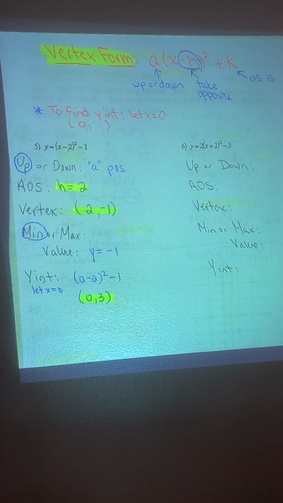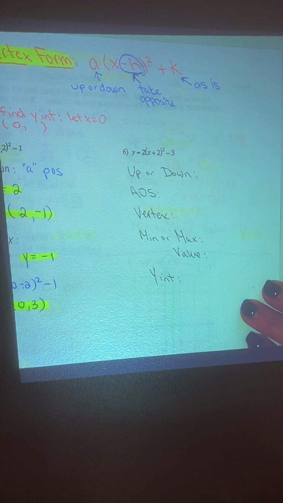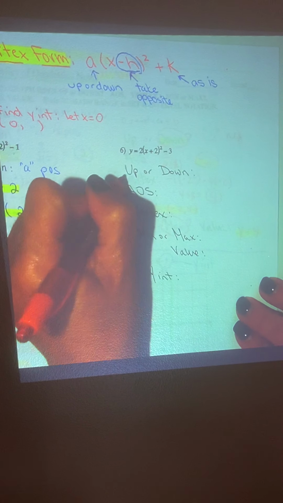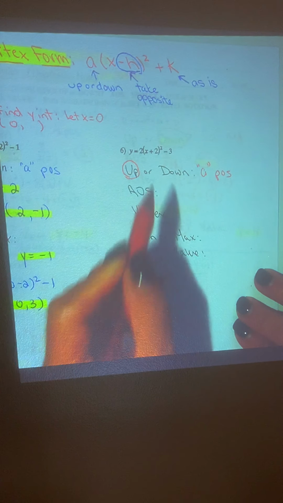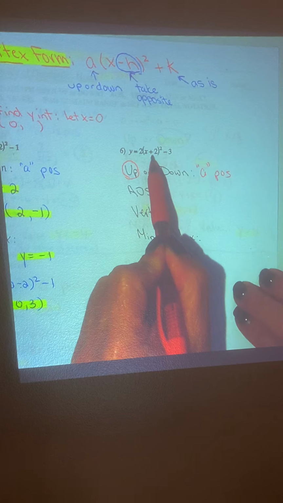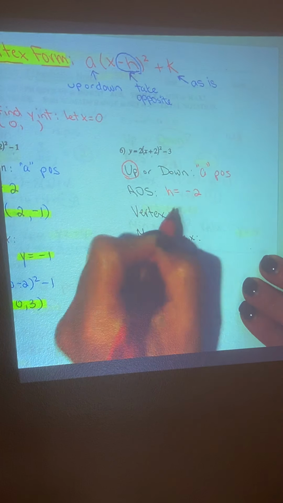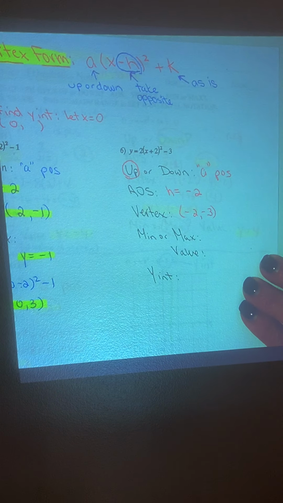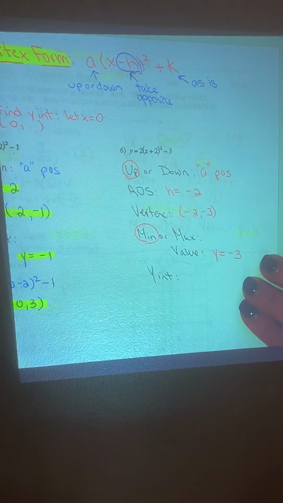Okay, next. Here's our formula. It opens up because a is positive. Axis of symmetry, take the opposite: negative 2. Vertex (h, k) is negative 2, negative 3. Min or max: if it opens up, it's a min, and the min value is negative 3.